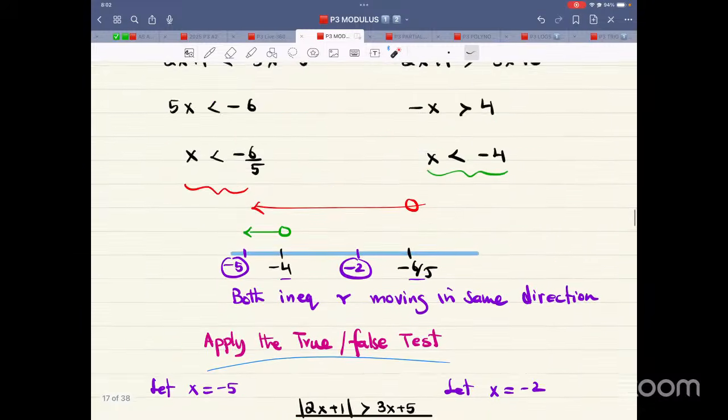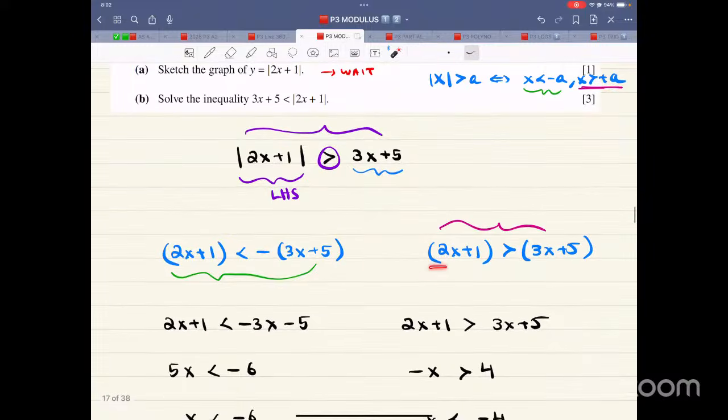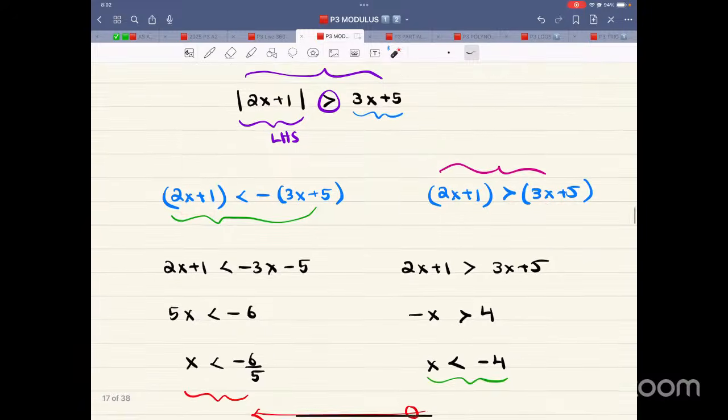Now, something like this. Sketch the graph of y equals |2x + 1|. Solve the inequality: this left side is greater than this modulus. First of all, the way that I do it is that I'll transfer the modulus to the left-hand side. |2x + 1| is greater than |3x + 5|. That means 2x + 1 is greater than 3x + 5, or 2x + 1 is lesser than negative of (3x + 5).